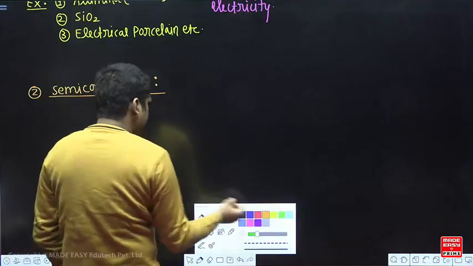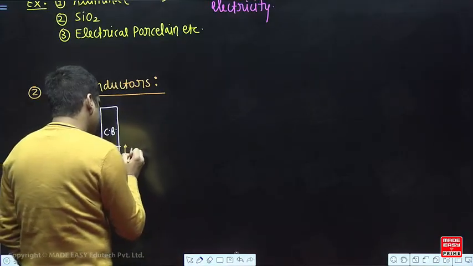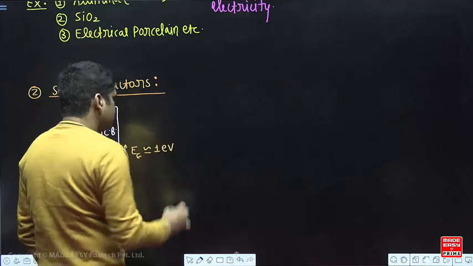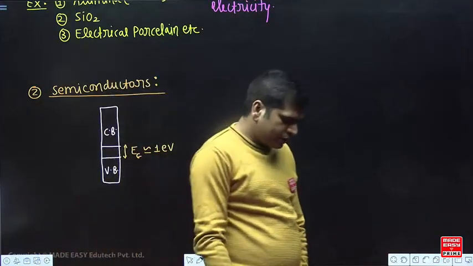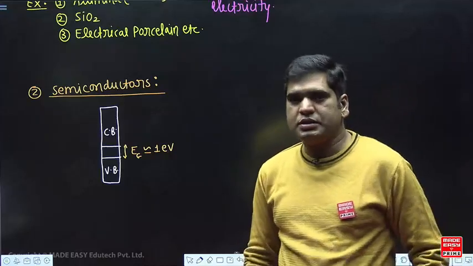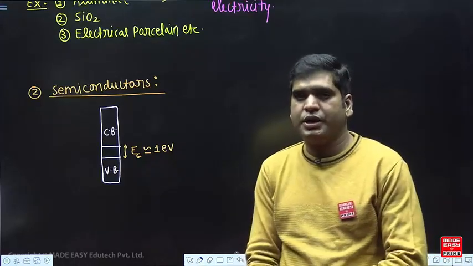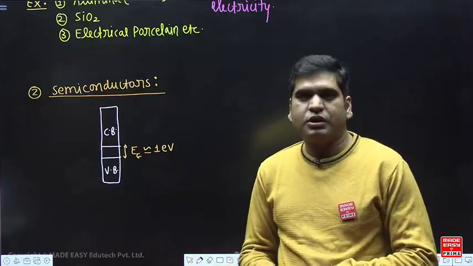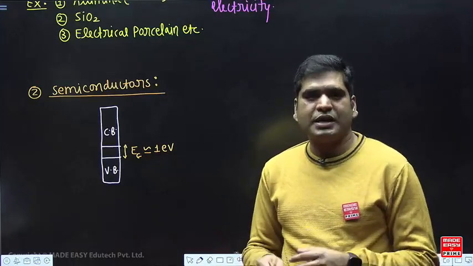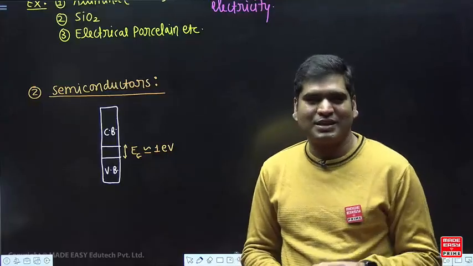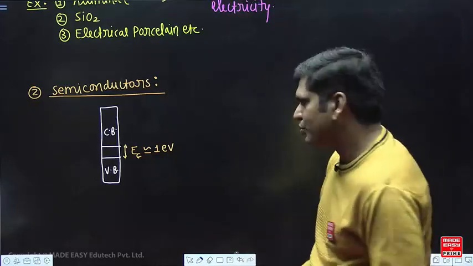So the band gap is very narrow, Eg is roughly in the range of 1 electron volt. Because of the narrow band gap, more electrons would reach the conduction band. Hence, these materials will have better electrical conductivity than insulators. But you will see later that they have fewer electrons compared to conductors. So their electrical conductivity would be less than conductors but greater than insulators.